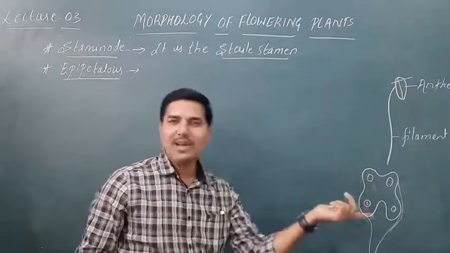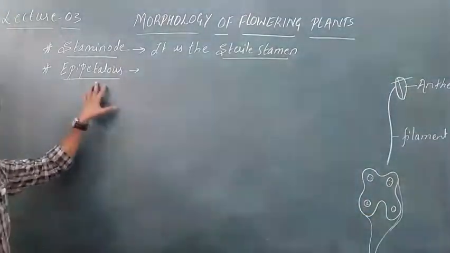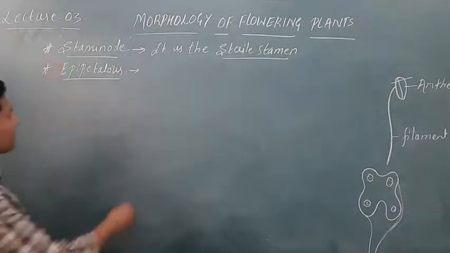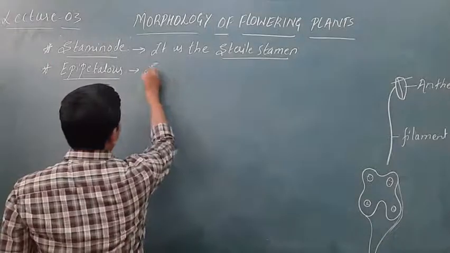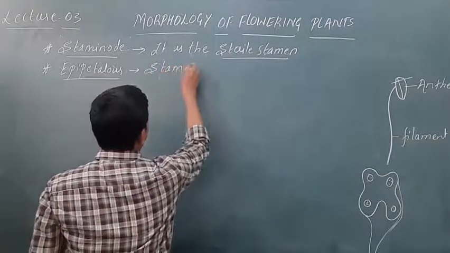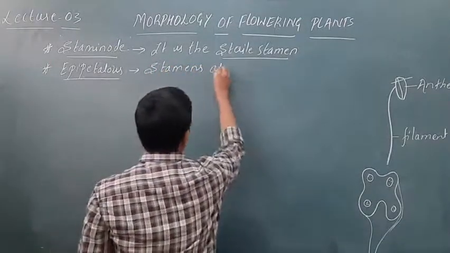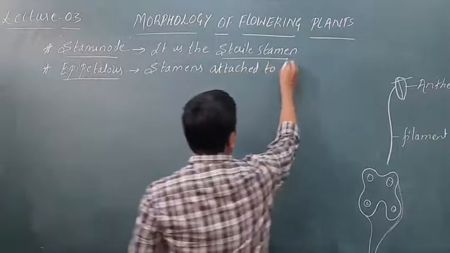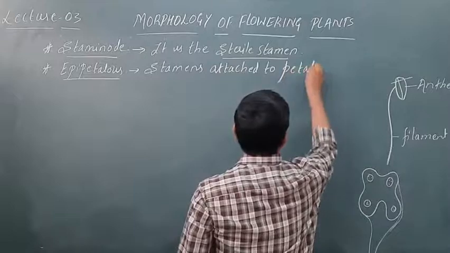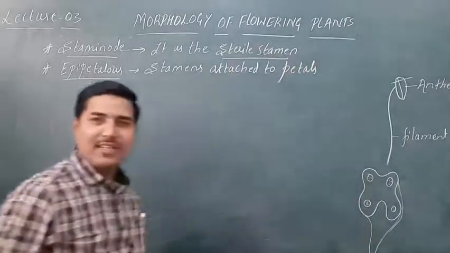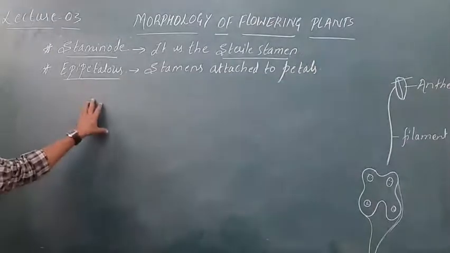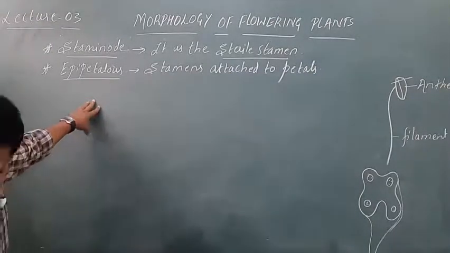Stamens present on the petals is epipetalous. So when stamens are attached to petals, such a condition is called epipetalous. We use this term for it.